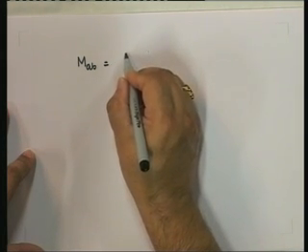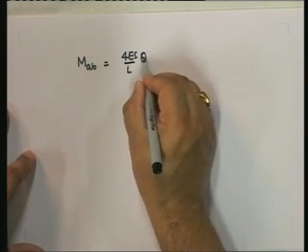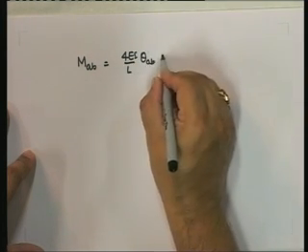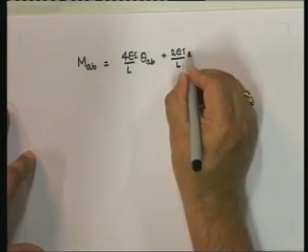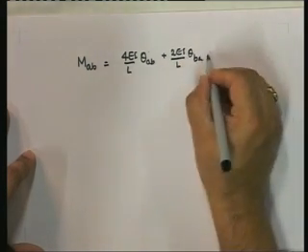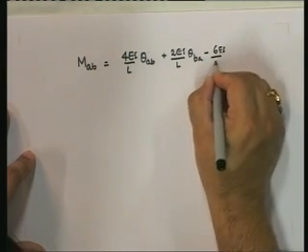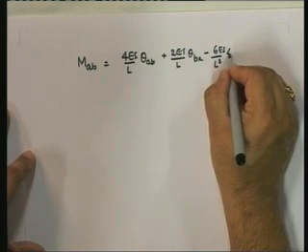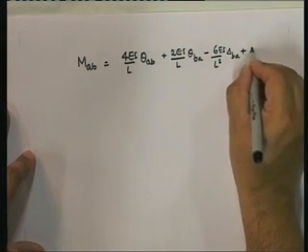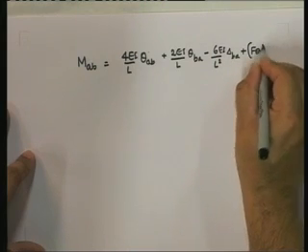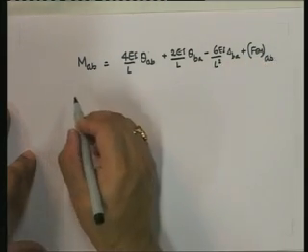So it is going to be 4 EI by L theta AB plus 2 EI by L theta BA minus 6 EI by L squared delta BA plus the fixed end moment due to any load on the member AB.